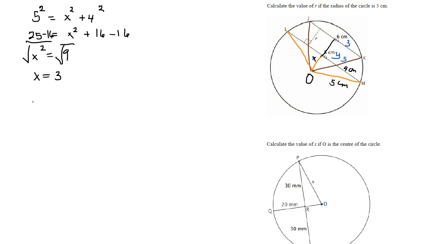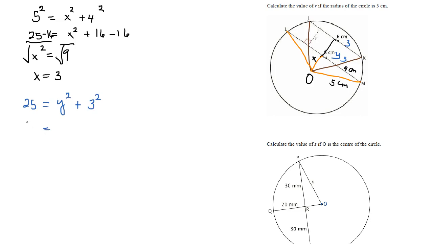According to Pythagoras' theorem, 25 is equal to y squared plus 3 squared.